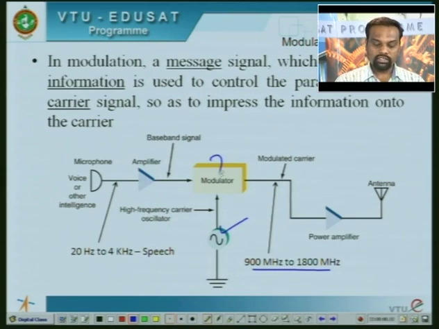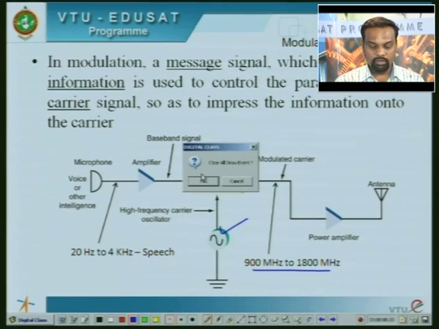Now let us see how this modulation occurs. What is the process of modulation and how does it actually happen? Let us understand the process of modulation.